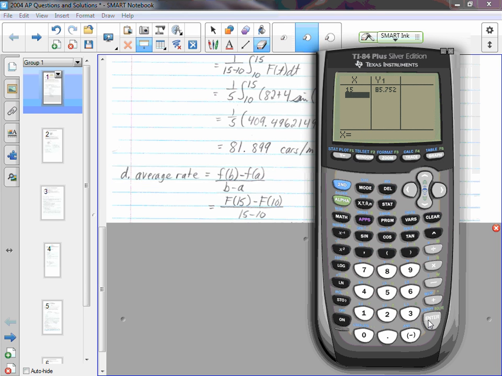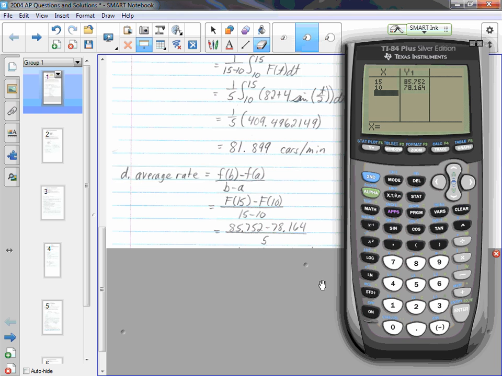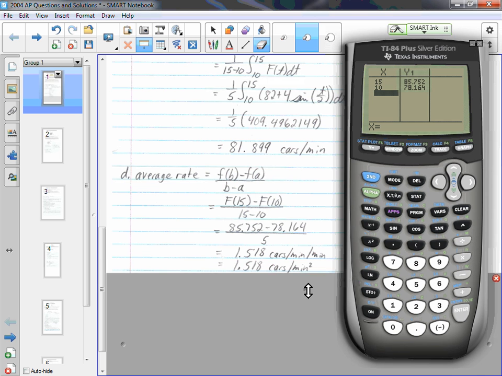I get that. I want x to equal 10. I get that. Now all I've got to do is 85.752 minus 78.164, and then divide it by 5.